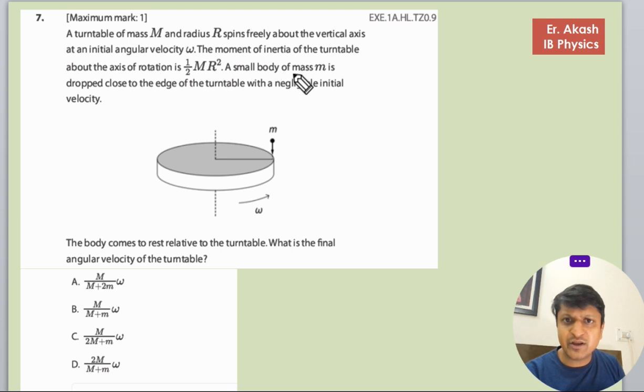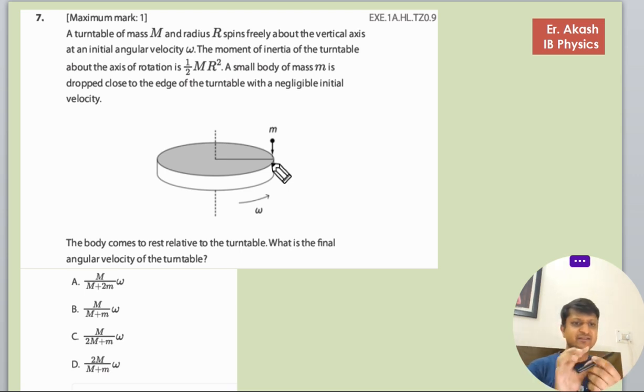A small body of mass m is dropped close to the edge of the turntable with a negligible initial velocity. So there was a table moving like this, and some mass has been attached to the table. The body comes to rest relative to the turntable. It means that the mass has stuck to the table that was moving like that.